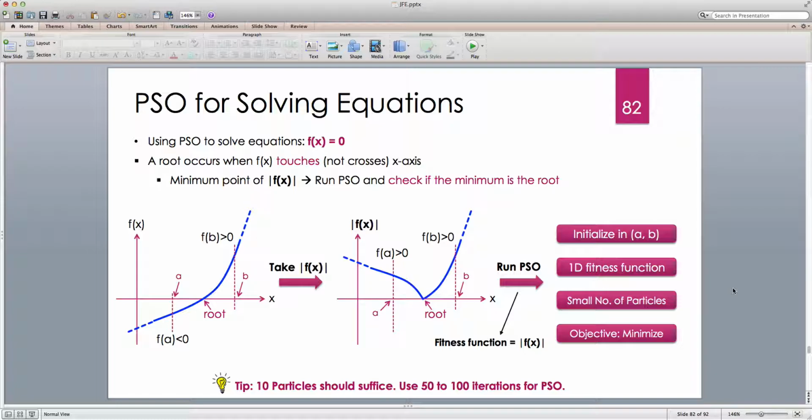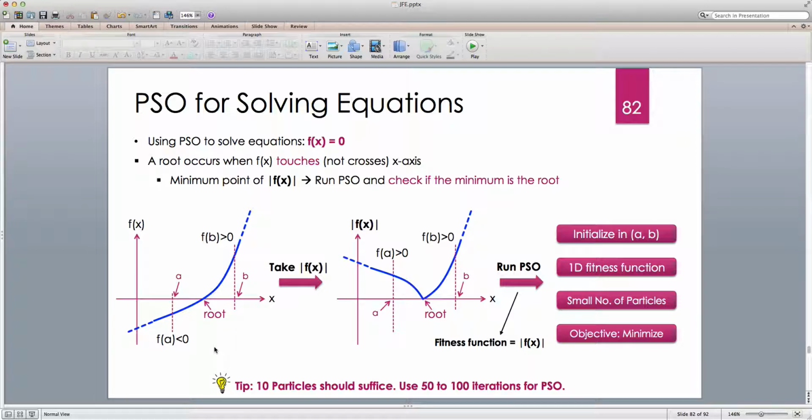So using PSO, remember PSO was for optimization of a function, so minimizing or maximizing. Now a very interesting thing to observe about the behavior of a function f of x is that if you plot it, if the function has a root, here I'm plotting over the a and b interval, here I'm also assuming that the function is continuous, although it's not required, right?